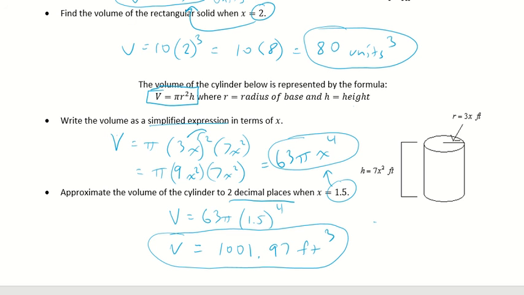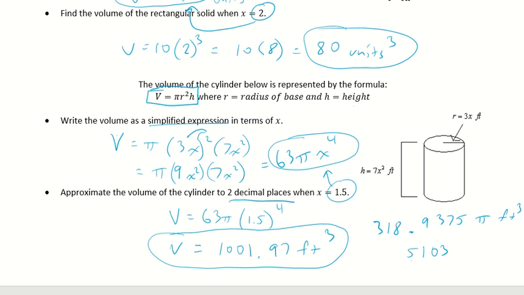So you would have said 318.9375 pi feet cubed, or we could take that decimal and make it a fraction. And your calculator will do that for you by hitting math and then enter to say, hey, give me that answer as a fraction.